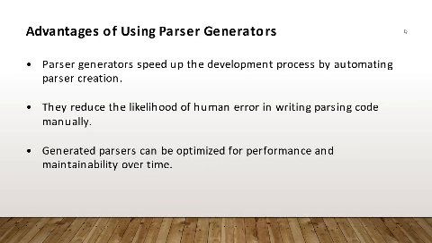Advantages of using parser generators: saves time, as it automatically creates the parser so developers don't have to write all the code manually; reduces errors, with less chance of making mistakes compared to writing the parser by hand.